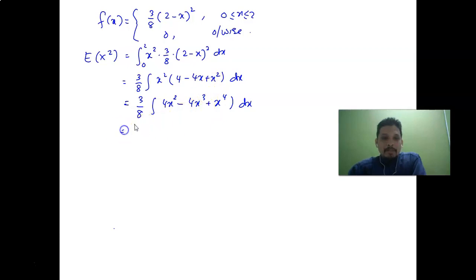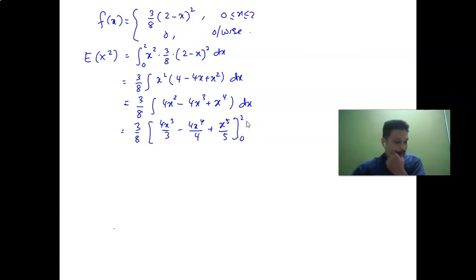Okay, so then 3 over 8, integrate this: 4x cubed divided by 3 minus 4x to the power 4 divided by 4 plus x to the power 5 divided by 5 from 0 until 2.